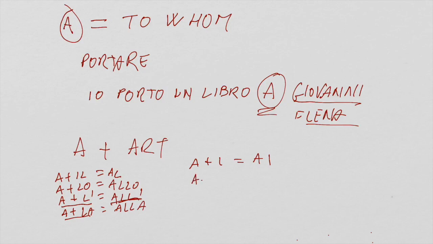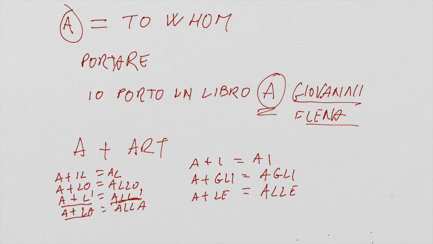Then we have a plus gli, result agli. To the students, agli studenti. And then we have a plus le, the feminine plural, alle. To the female students, it would be alle studentesse.